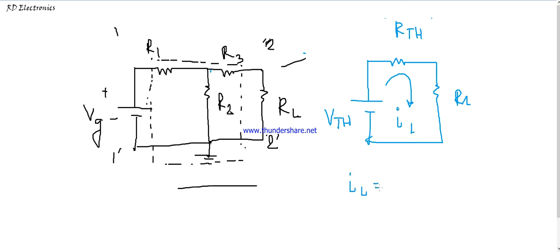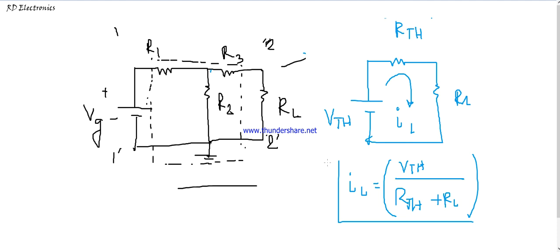As previously said, load current equals VTH divided by RTH plus RL. So just putting here these two values of VTH and RTH, we get the value of IL for this circuit. Okay, so this complex circuit is converted to this simple circuit, the Thevenin equivalent circuit.